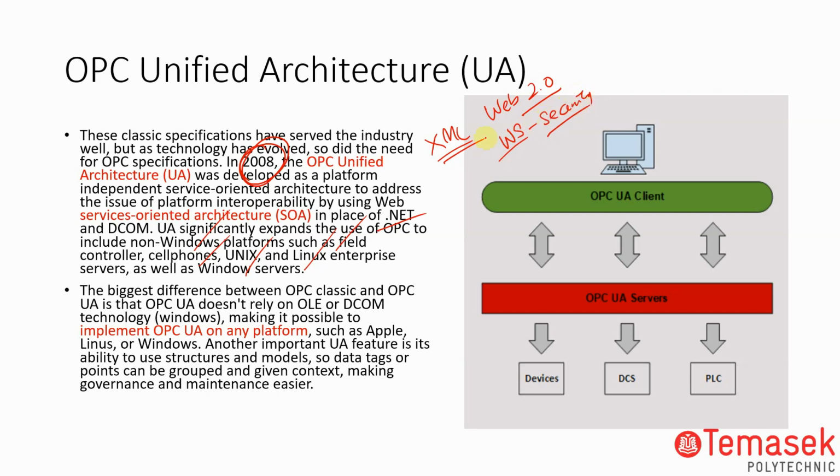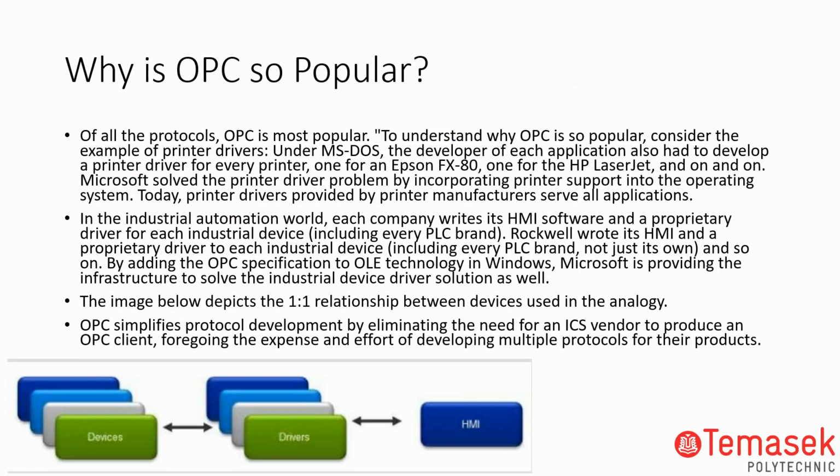So it's possible to have XML with web service security involved for the cybersecurity portion and make sure that all the content is properly encrypted. That's the advancement of OPC.